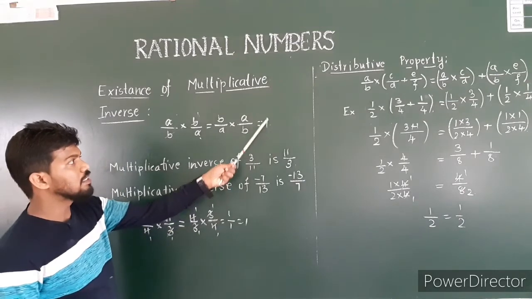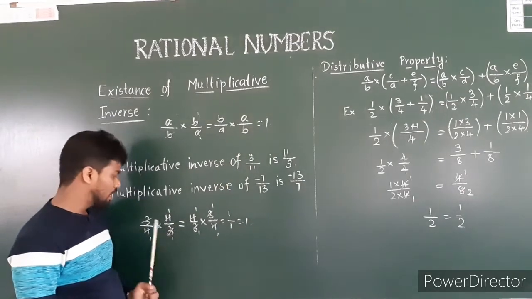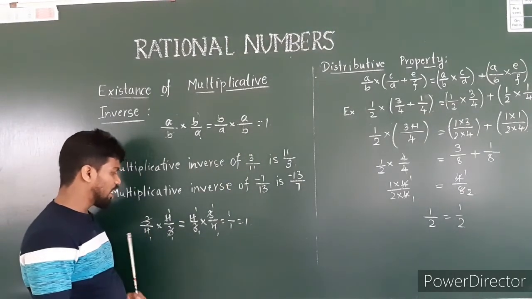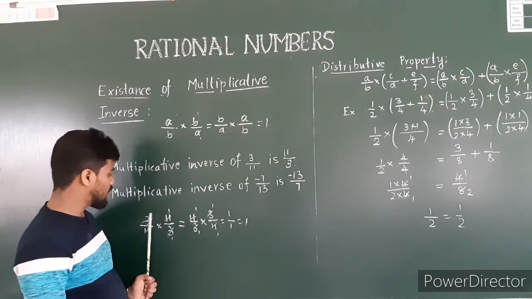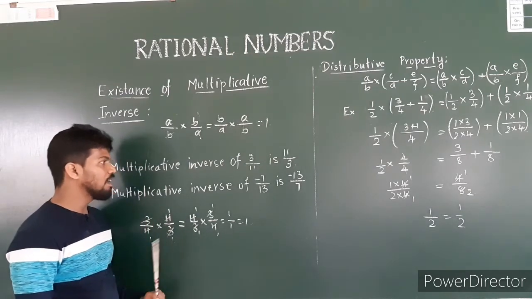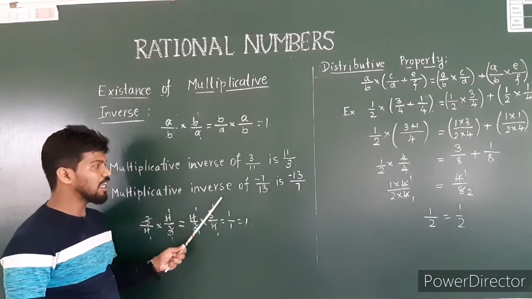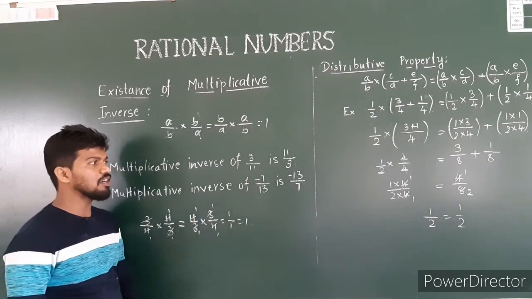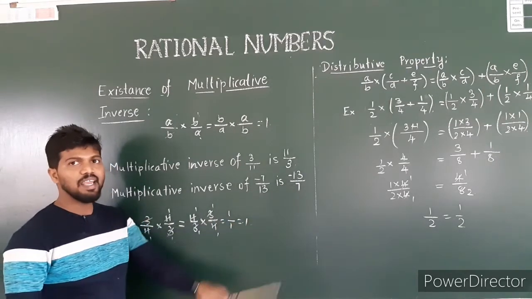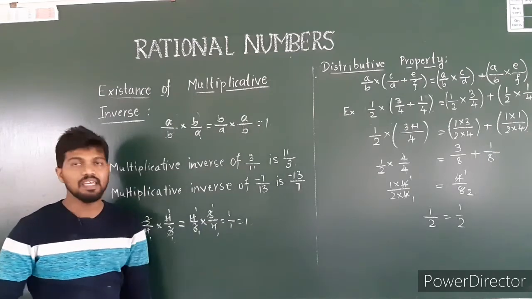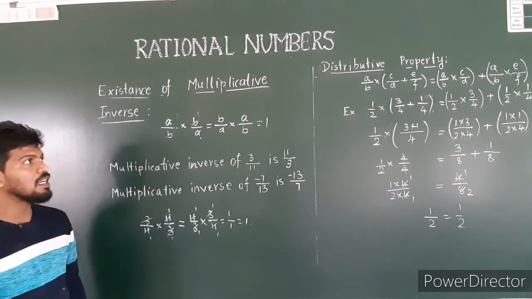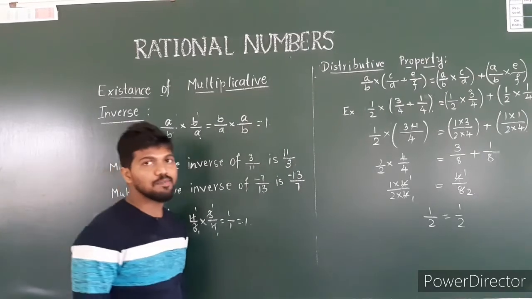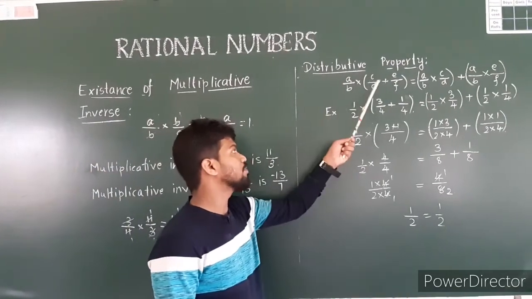Therefore, you get the multiplicative identity, and the multiplicative inverse of 3/11 is 11/3. Similarly, the multiplicative inverse of -7/13 is -13/7.